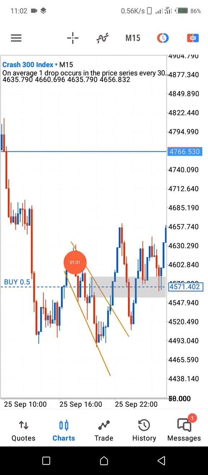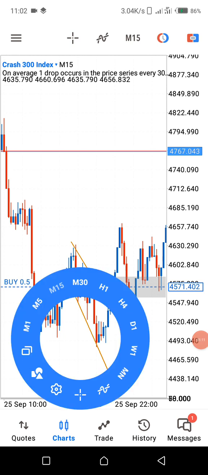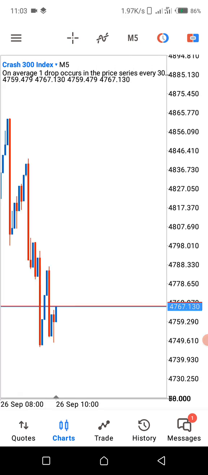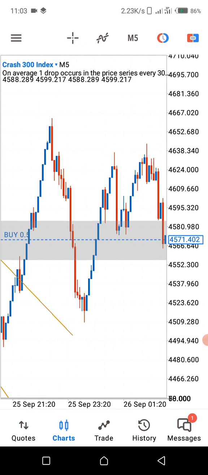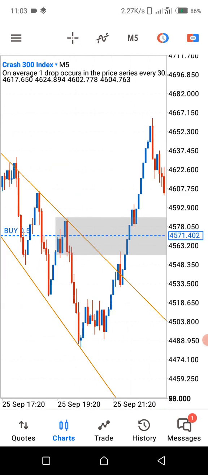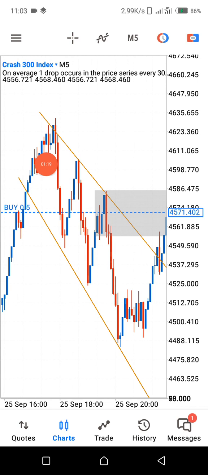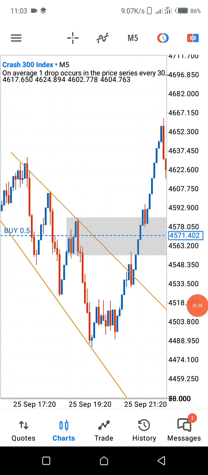As you can see the channel, these two trend lines indicate that it was a downtrend for a moment. You are going to see it if I go down to, let's say, the 5 minutes time frame. You see that it's actually a mini trend there. For some time the market was coming down in this series of lower lows and lower highs. Then finally we got a breakout.